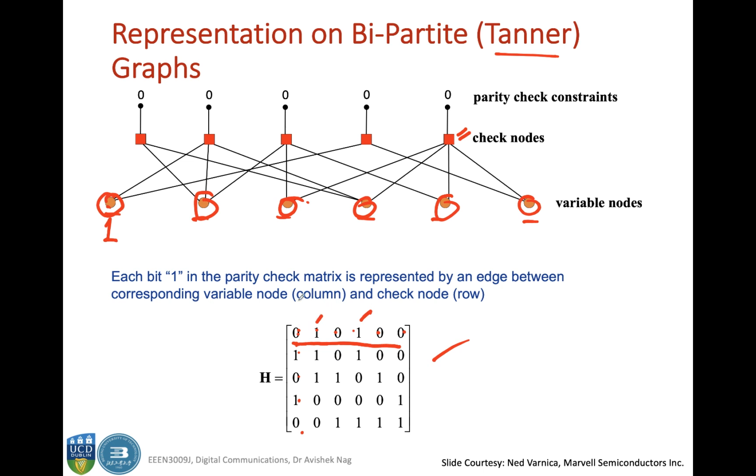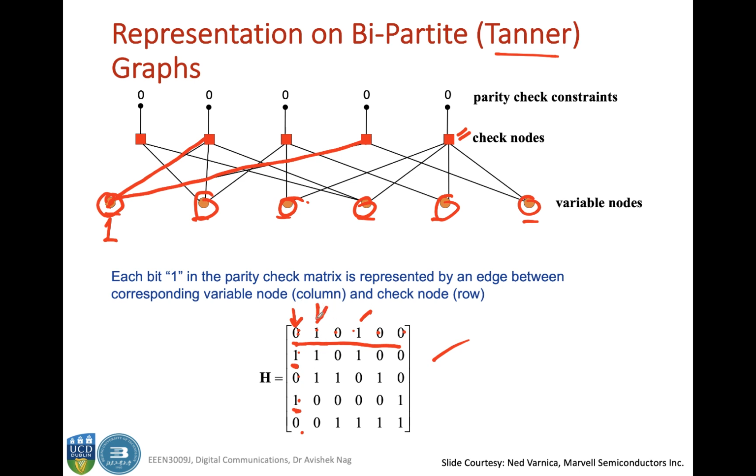Or rather, sorry, if you look into the first column, that has a 1 in the second row and the fourth row. So this will be connected to the second check node and the fourth check node. These connections correspond to the number of ones in that particular column.